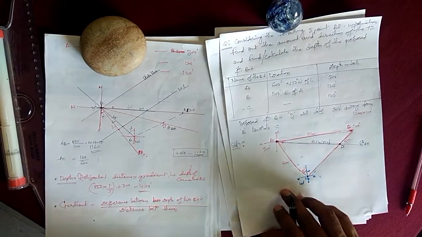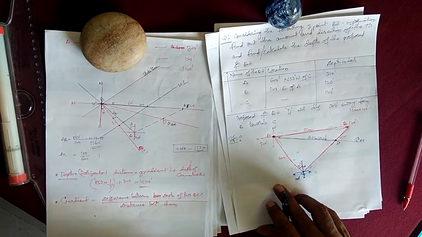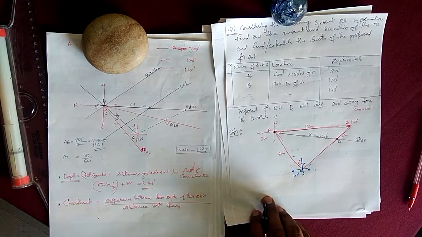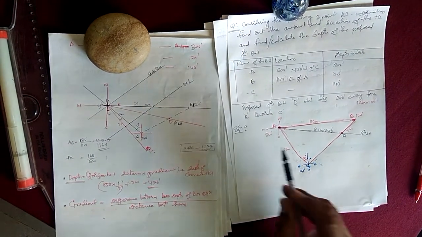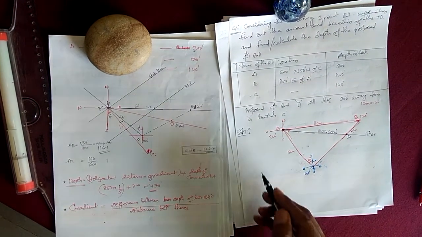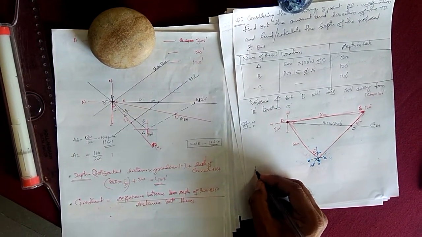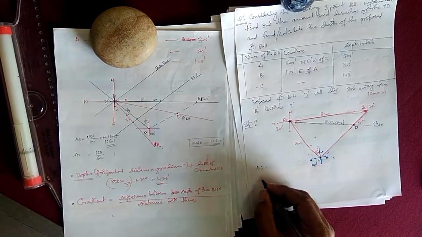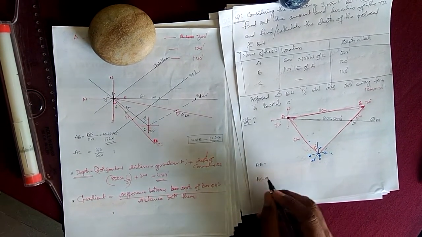After drawing this, I have to calculate the gradient. Once again, this is the point which is connected to B and to C. So let me calculate the gradient of AB and the gradient of AC.